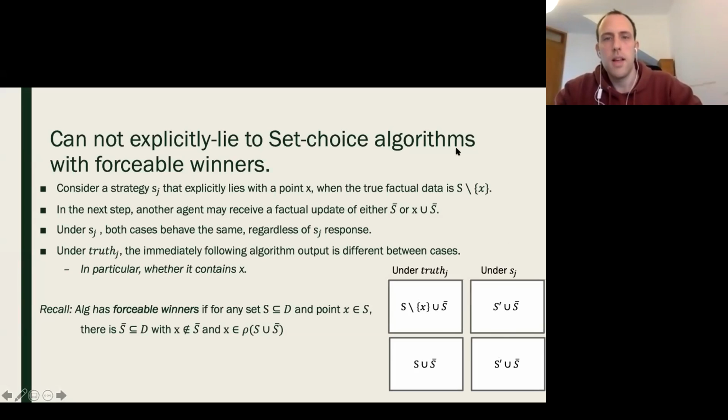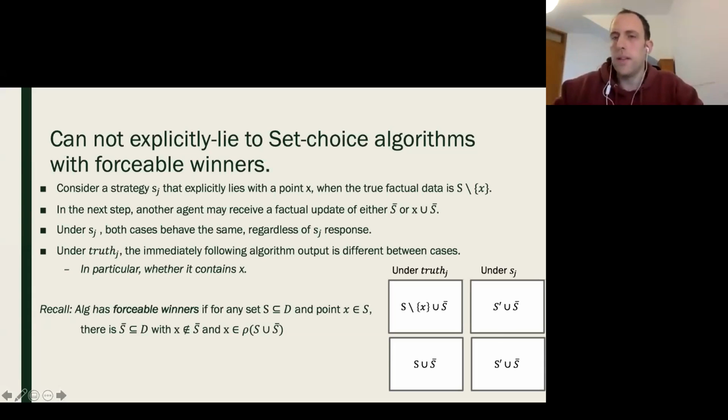What happens under the lying strategy is, because X is already part of what the ledger has, let's call it S tag, then after updating with either bar S or bar S and X, the ledger is going to see the same set, the same input. So the algorithm output is going to be the same.